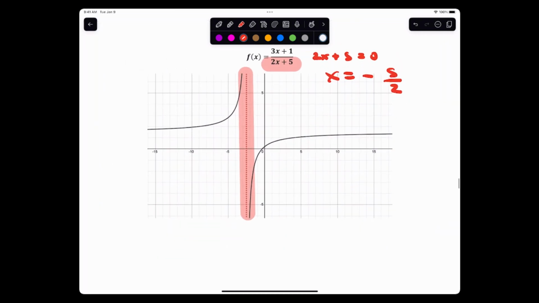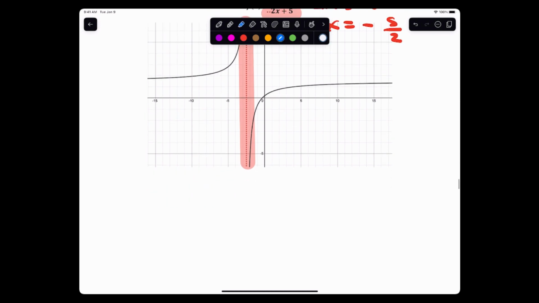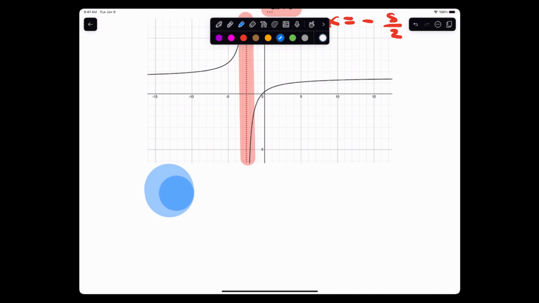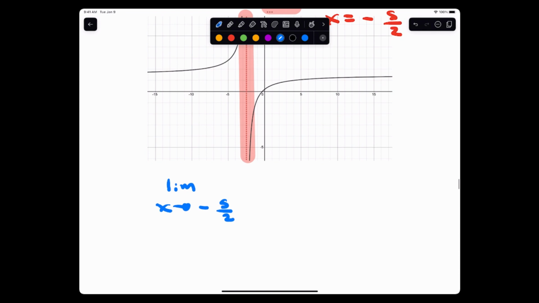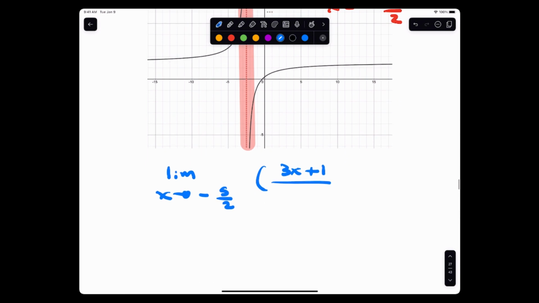So what do you think they're going to ask you? They're going to say, what's the what? Limit at that location. They're going to say, what's the limit as x goes to negative 5 halves for 3x plus 1 over 2x plus 5?